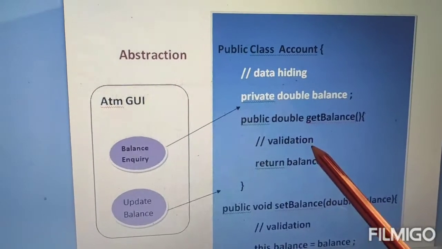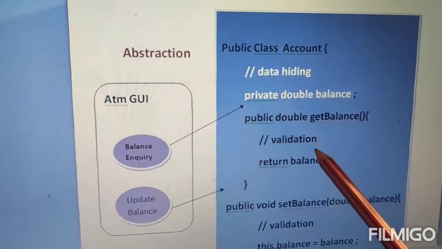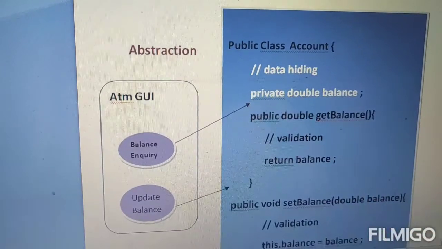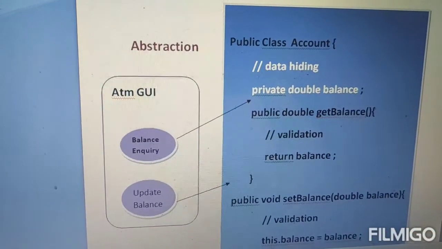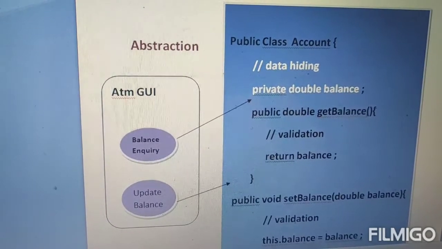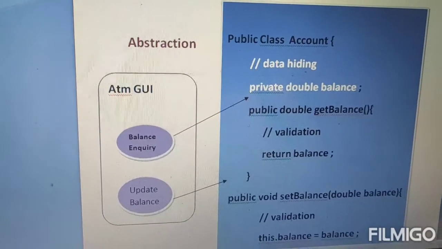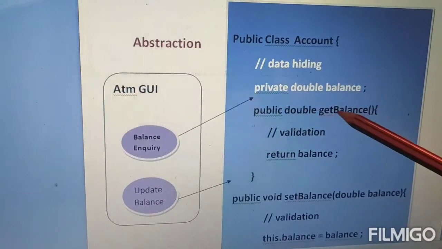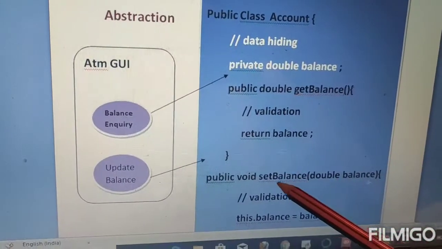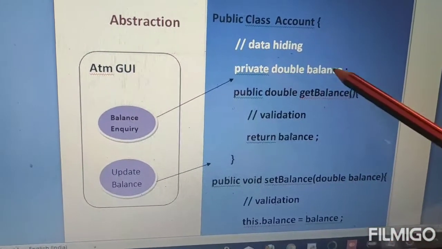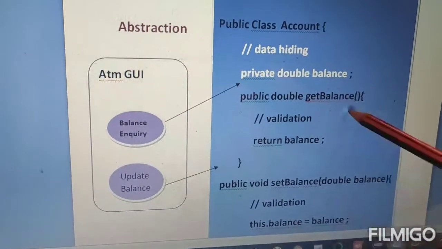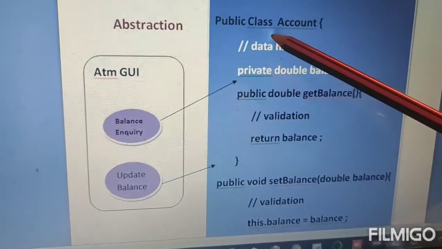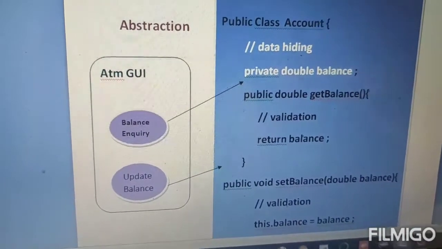So because of that, encapsulation provides better security. You are binding your data members and the related getBalance and setBalance methods to this balance data member. You are encapsulating the whole thing in a single unit called a class, or an encapsulated class.